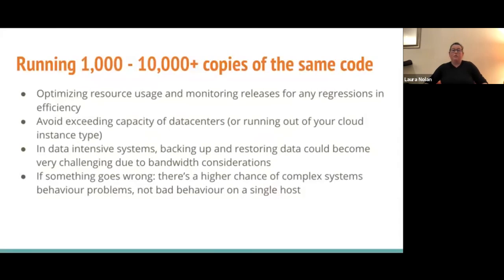And if something goes wrong, there's a significantly higher chance that it's a complex systems behavior problem, so some sort of emergent property. This is where you have things independently doing things that somehow, very often it's about synchronizing behavior that should be independent. So think about things like this, where you have a bunch of services that need to talk to the same thing.